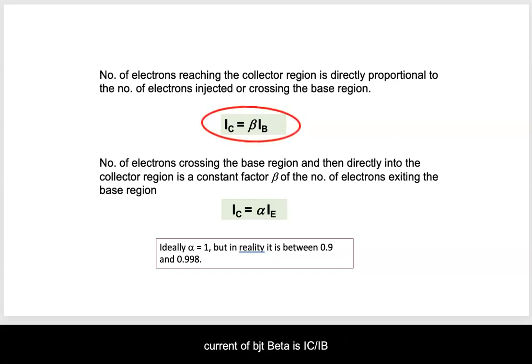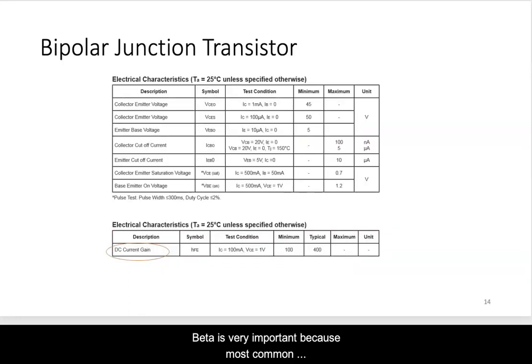Beta is equal to IC over IB. Beta is very important because most common transistor circuits have an input signal applied to the base and output signal taken from the collector. Thus, beta can represent the overall DC current gain of the BJT circuit.